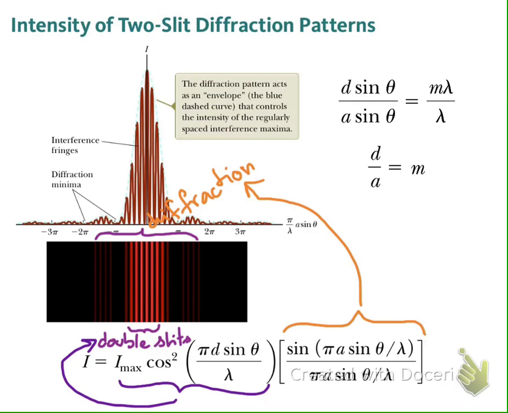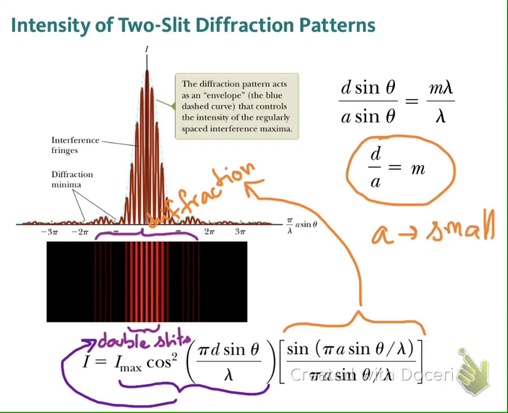So this equation is interesting. You can see that if d is much larger than a, you will have a lot of interference fringes from the center point to the first dark fringe of the diffraction pattern. In a real experiment, you may have that a is very small.